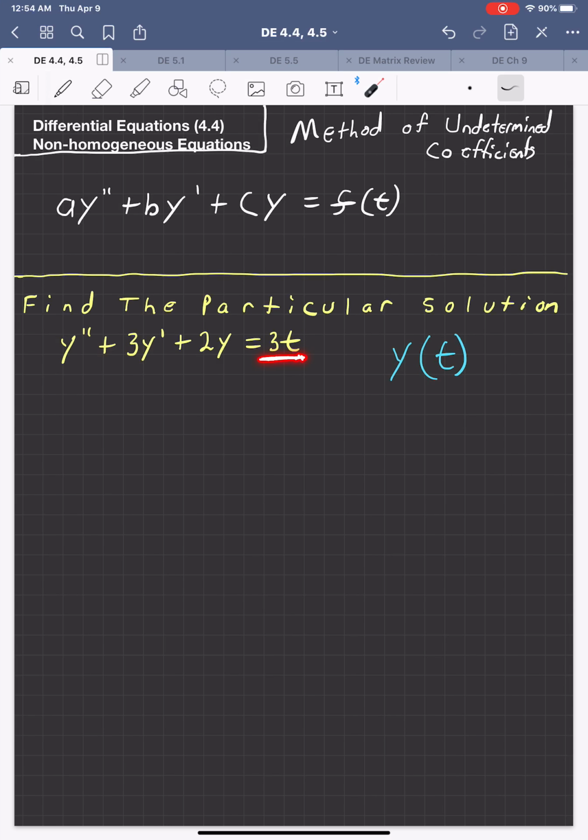But let's focus a little more on the form of the right side of the equation. So 3t, I'm going to underline it here. 3t is linear.